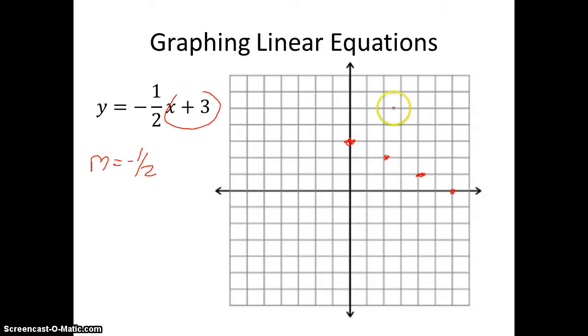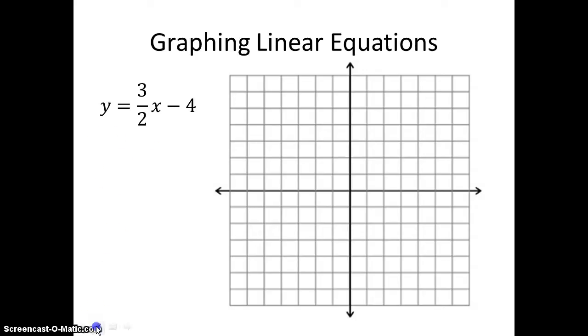Say if, for example, we couldn't see this whole part of our graph, and I had to start here because this is my starting point. We could also look at this as 1 over -2, right? So I can go -2 in this direction, up 1. That way I can get this side of my graph as well, and then I connect my dots. And that line should be straight, obviously.